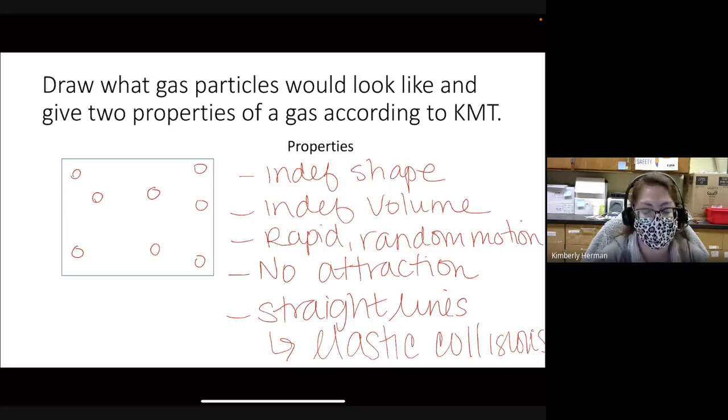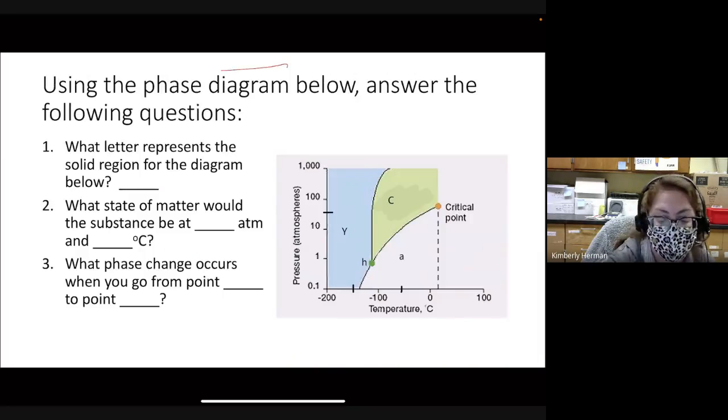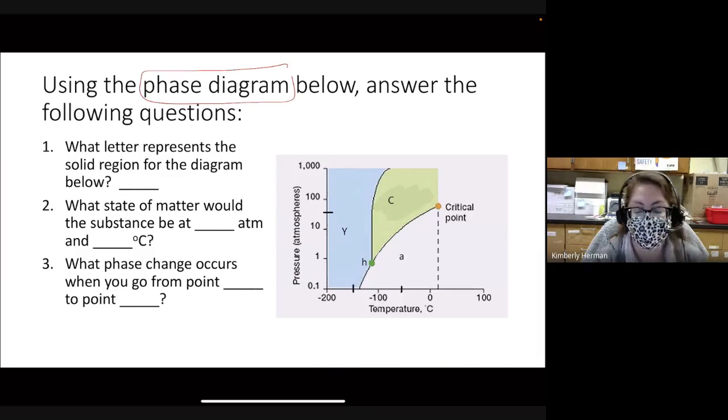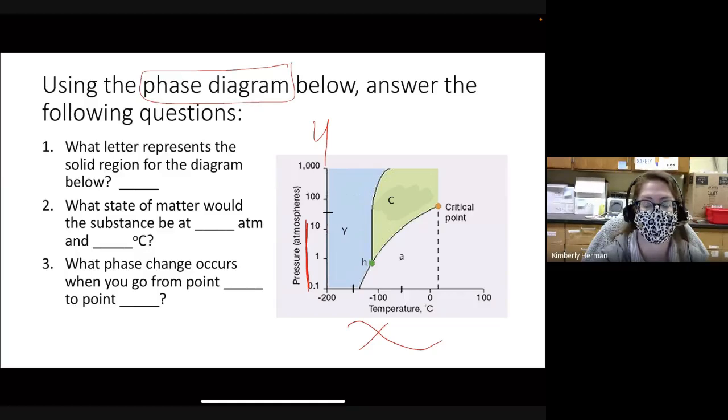So our final section, section number 4, we're going to use this phase diagram below. And we can see that our phase diagram has 3 different colors, which represent our states of matter. We also see that we have pressure in ATM on our y-axis, so y going down, and our temperature on our x-axis. So what I like to do before I even read the questions is label everything I know about my phase diagram.